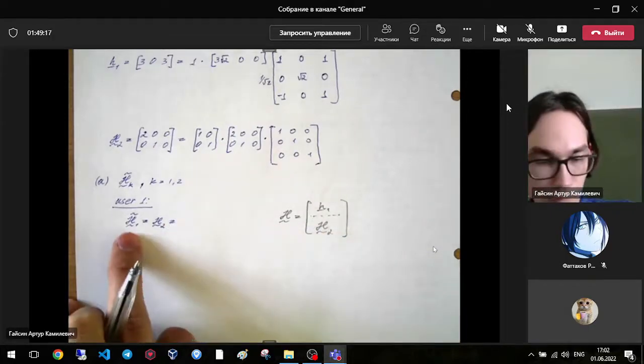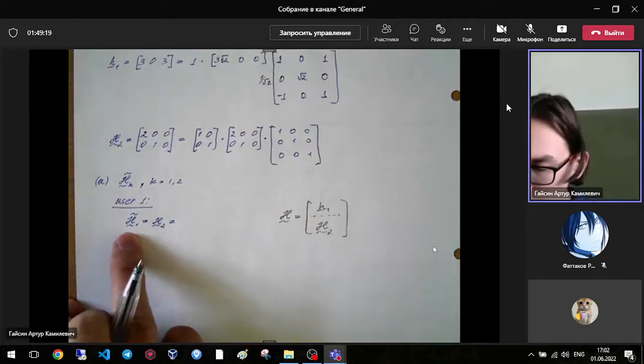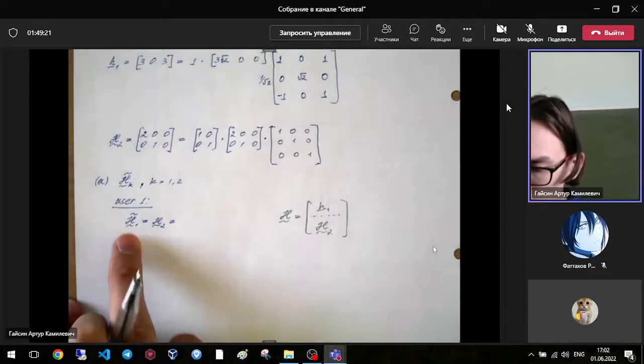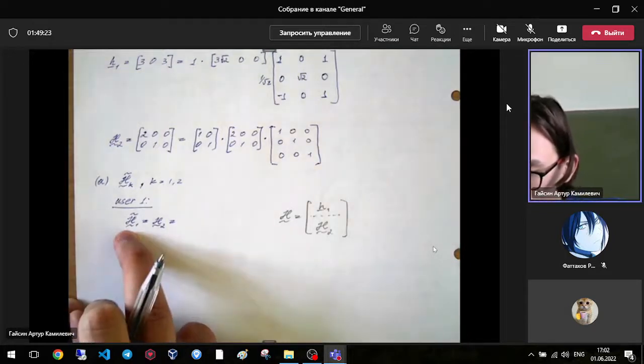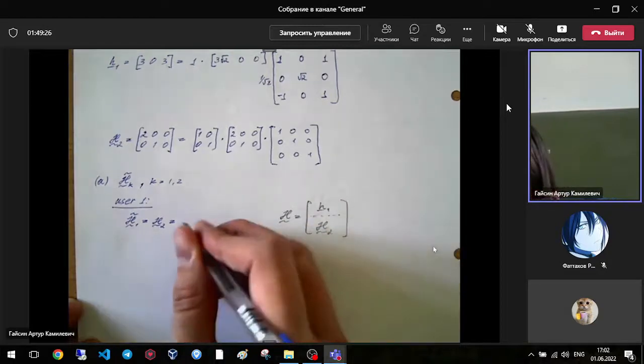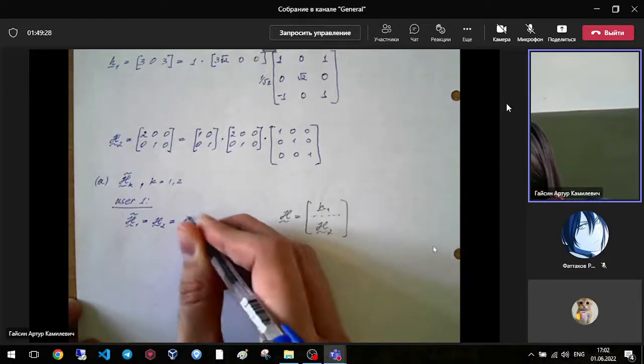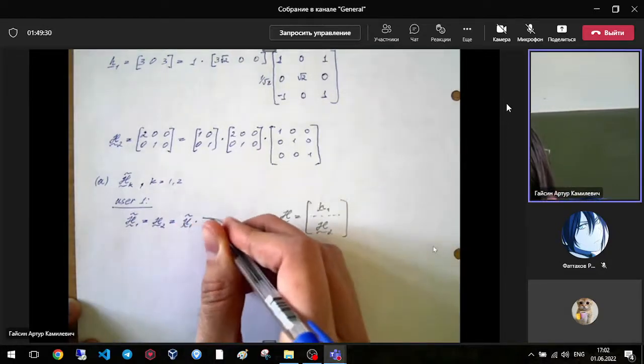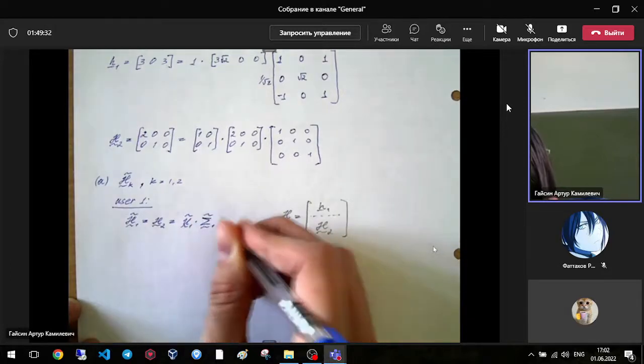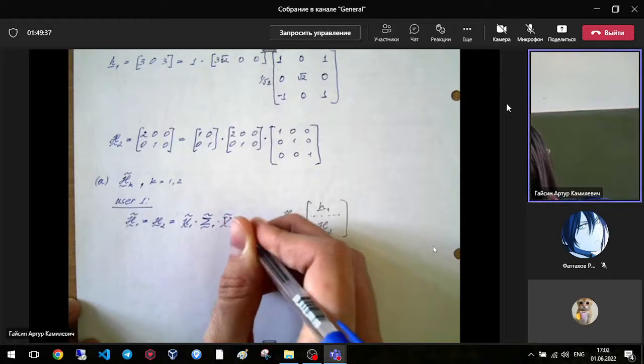or this thing, if we write the singular value decomposition, is equal to U1 with tilde times sigma 1 with tilde times V1 with tilde Hermitian.